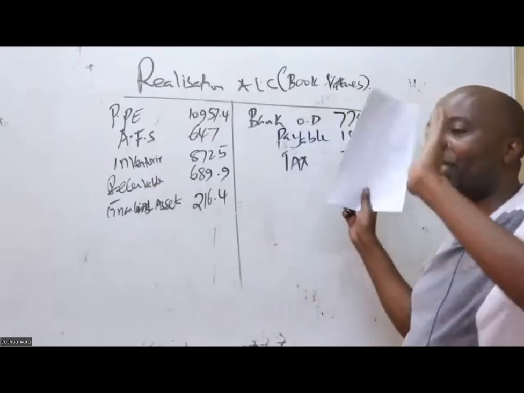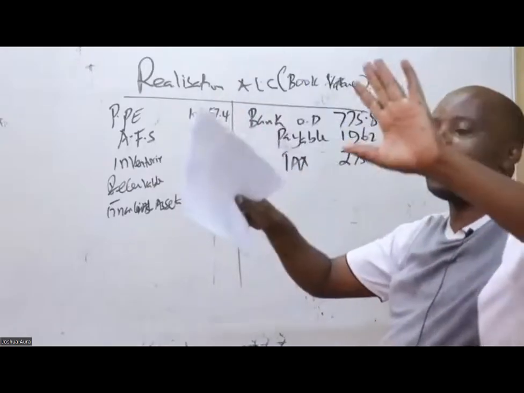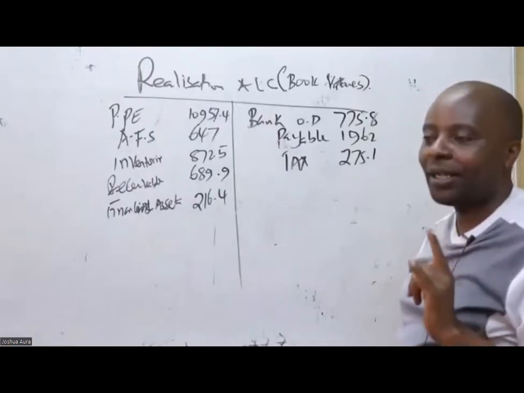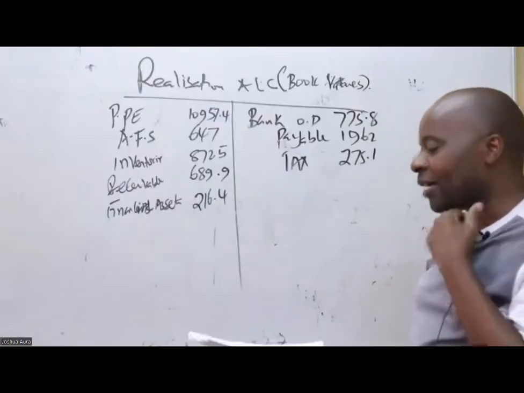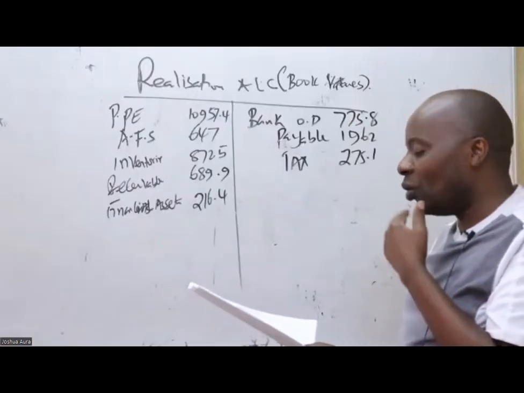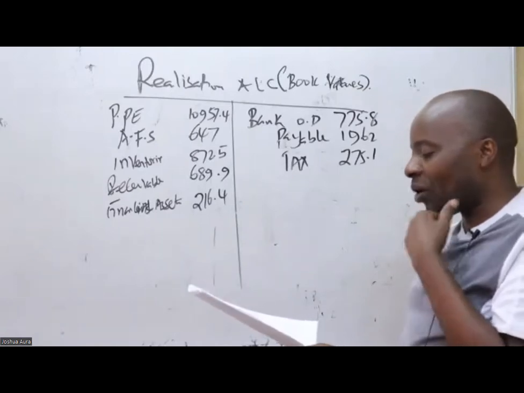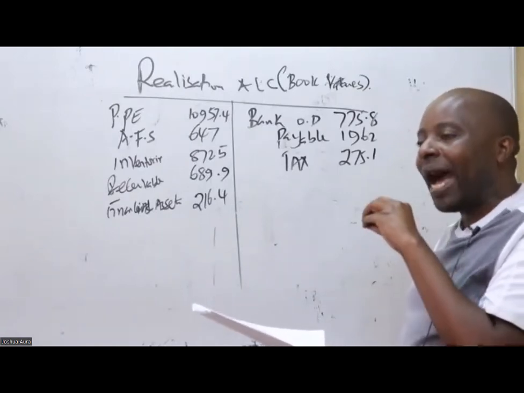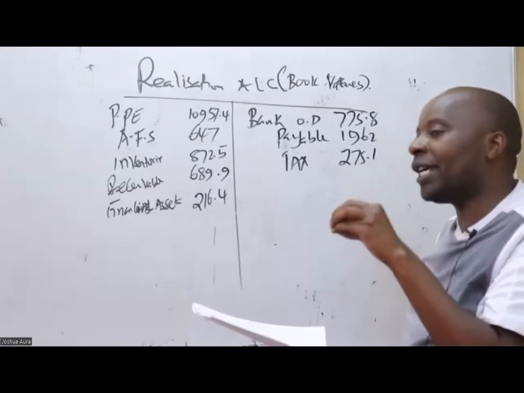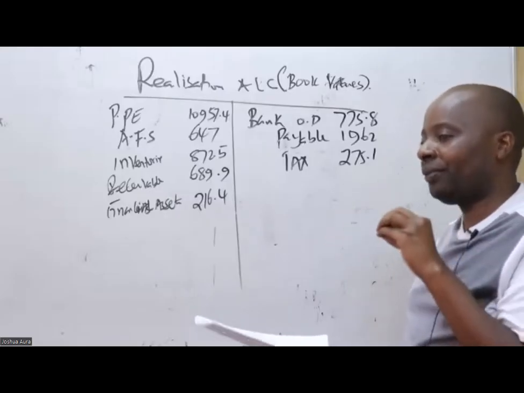Here we are taking everything at book value as it appears in the books of Asara. Now, there are those accounts that we closed, which had some items which are supposed to be taken to the realization account.